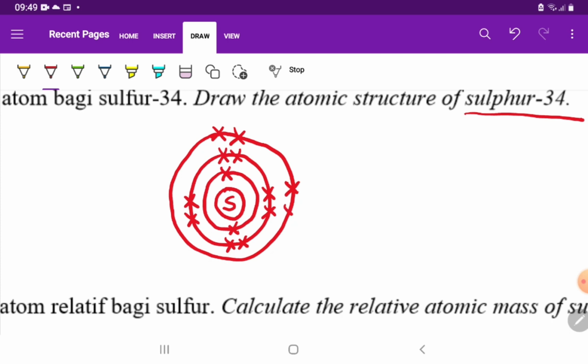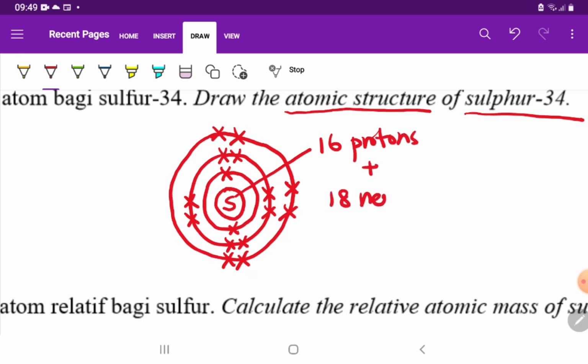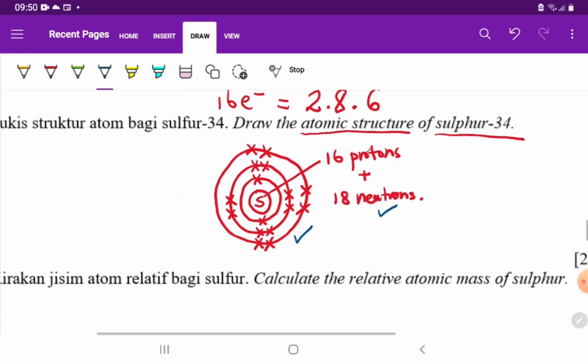So this is the electron arrangement. For the atomic structure, we have to include the 16 protons and 18 neutrons also. If your electron arrangement is correct, then you have to include the protons and the neutrons. So you get 2 marks.